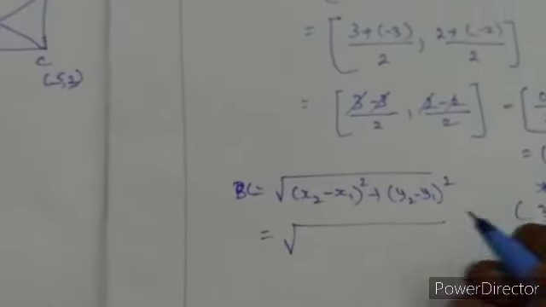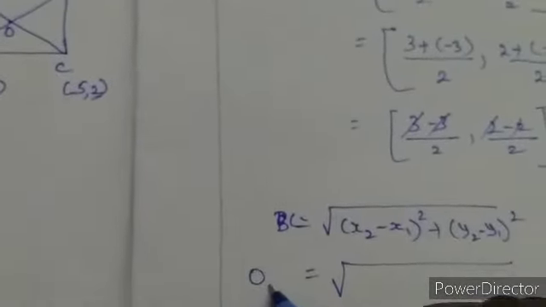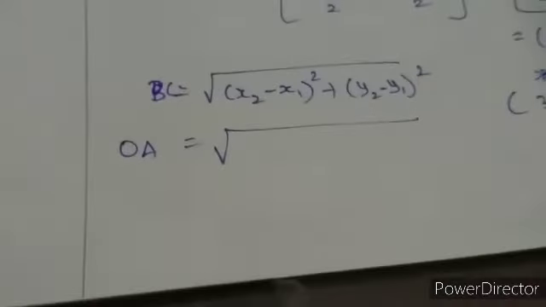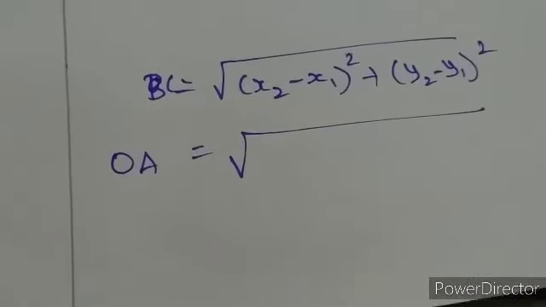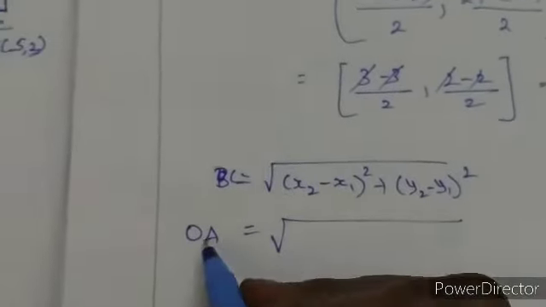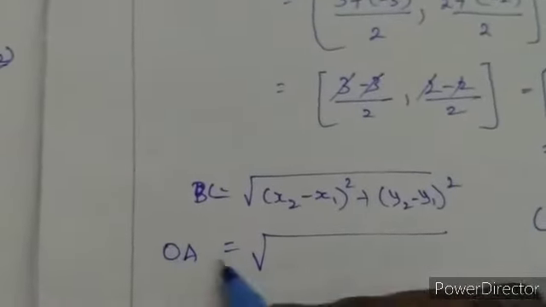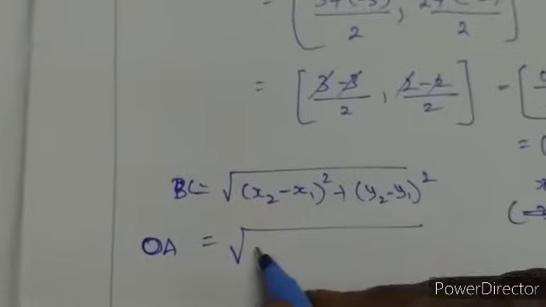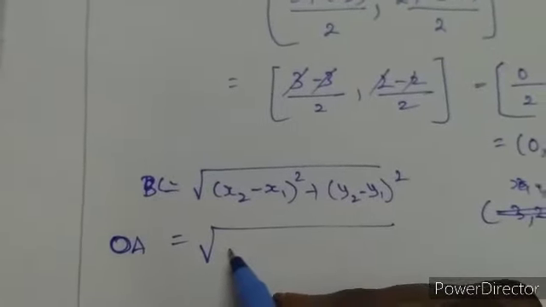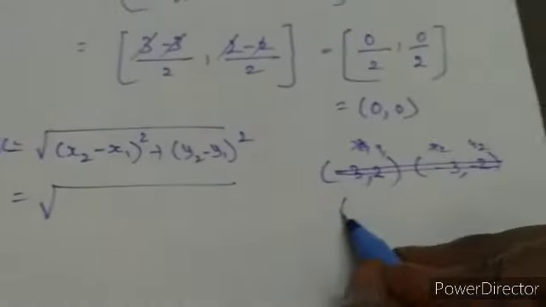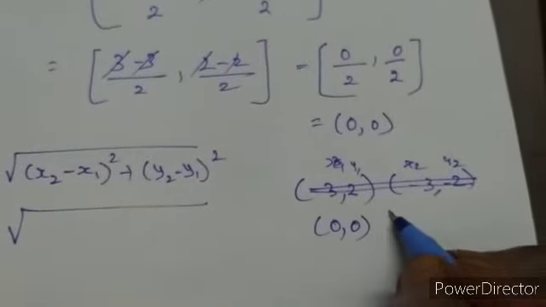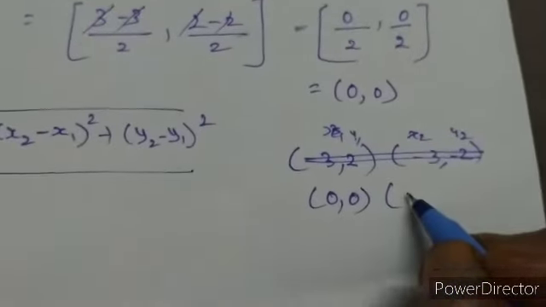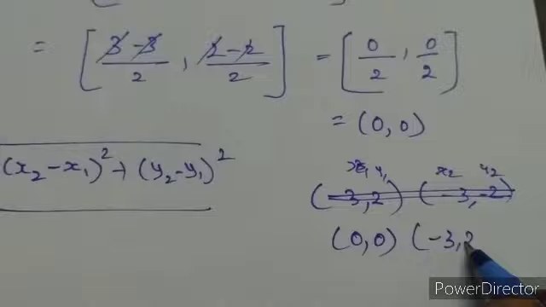Yes, OA, OA we have to find, and OB and OC. So OA, find the line OA, that is 0, 0, and A is given in the question, -3, 2.